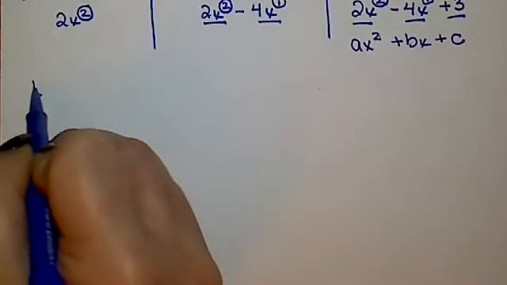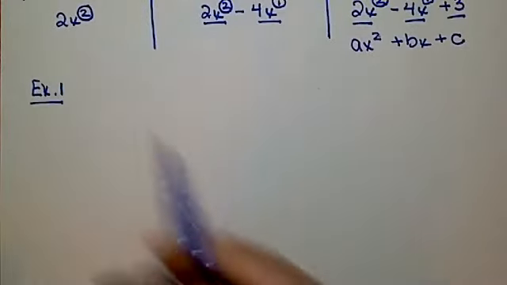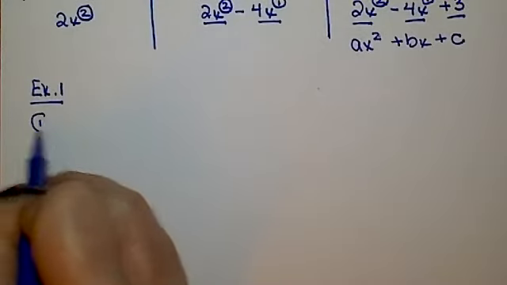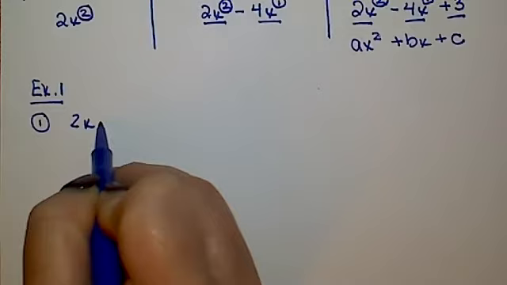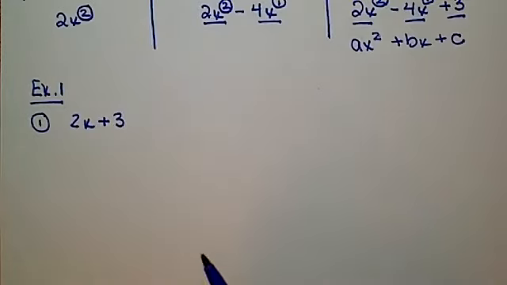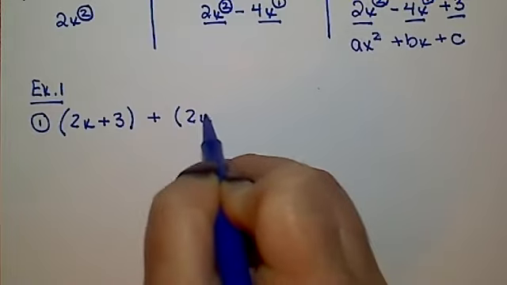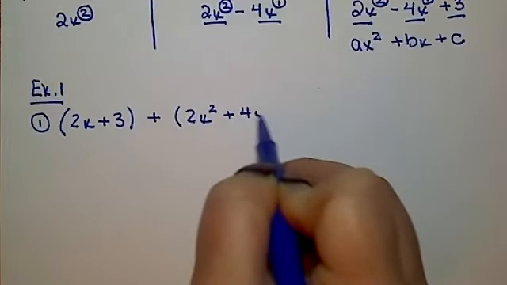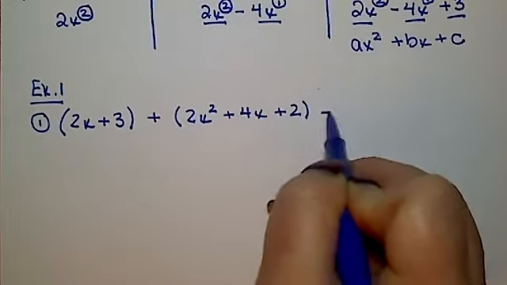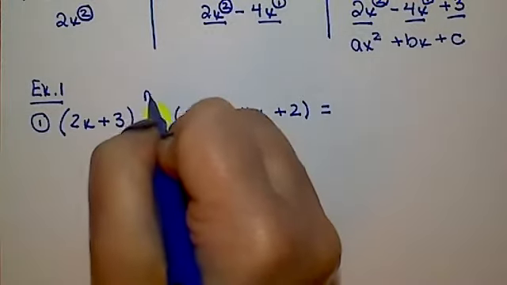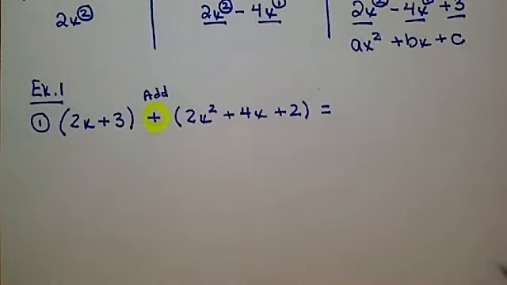So first of all, we're going to think about operations with polynomials. So let's take this binomial and add a trinomial. We know that this is addition because of the add sign. Okay?